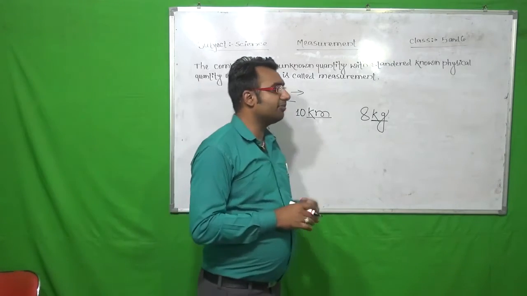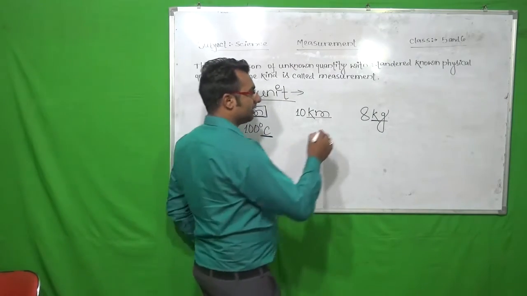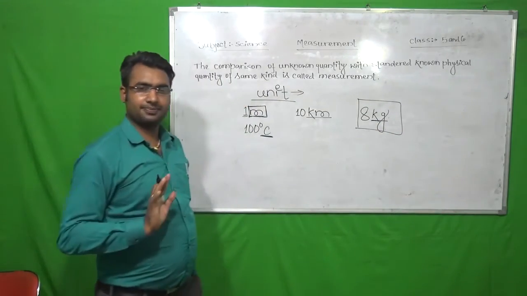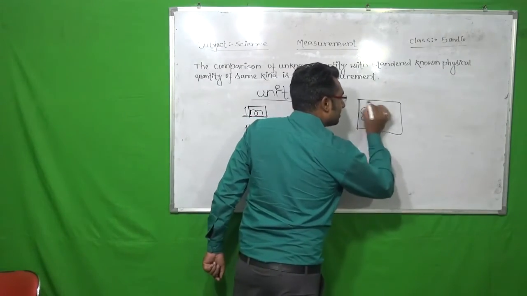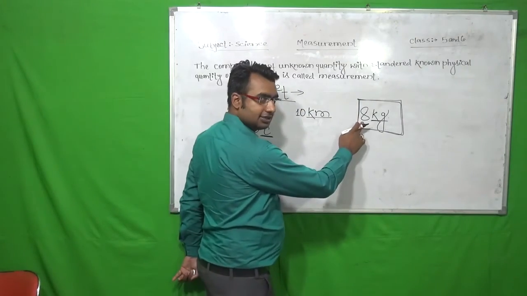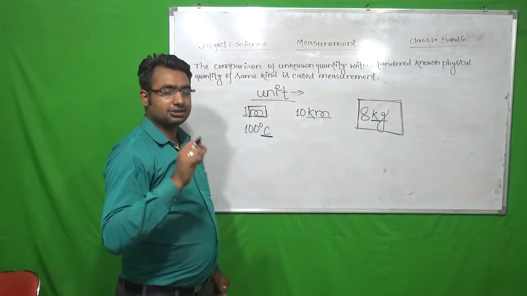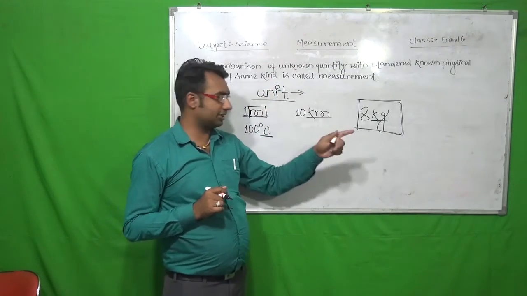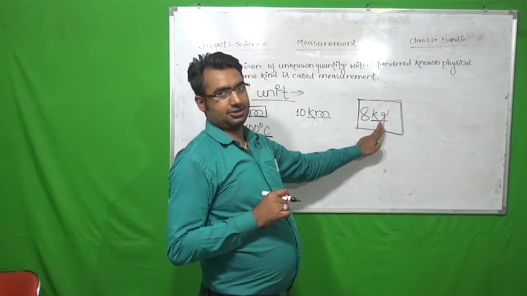So a measurement is only completed after the combination of numerical value with the unit. Understand? Measurement includes the numerical value. Here the numerical value is 8 and the unit is kg or kilogram. So the measurement can only be complete after the combination of numerical value and unit.